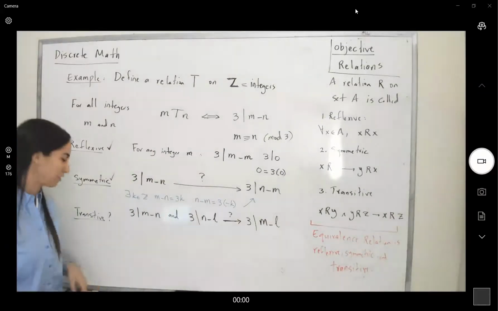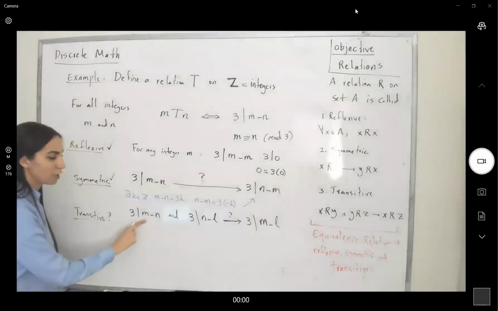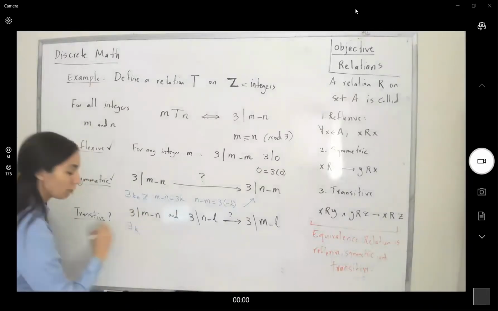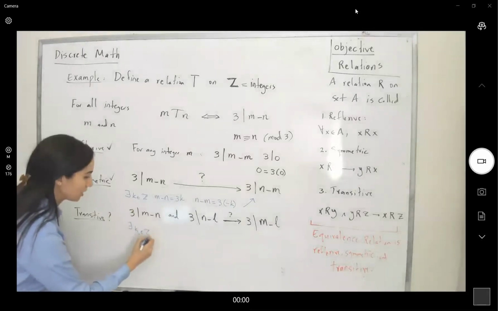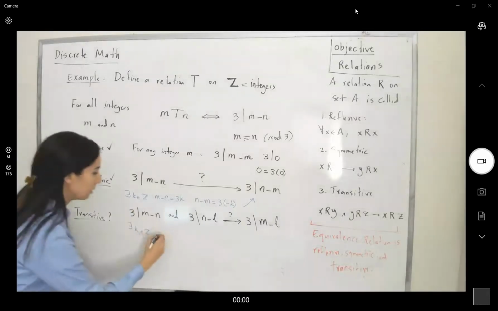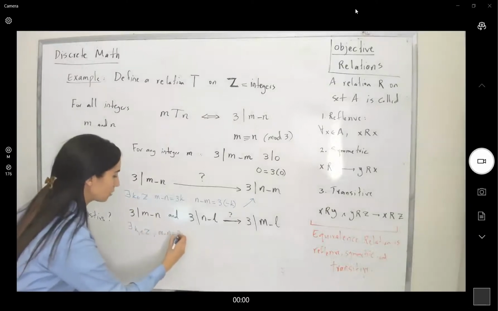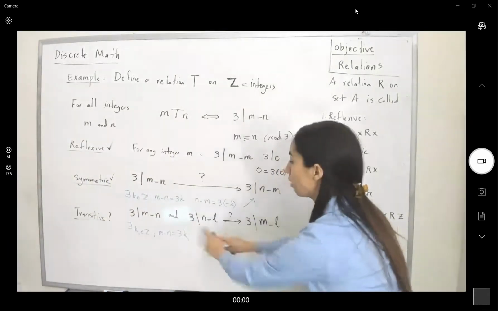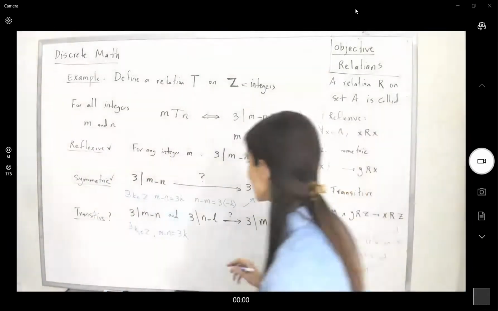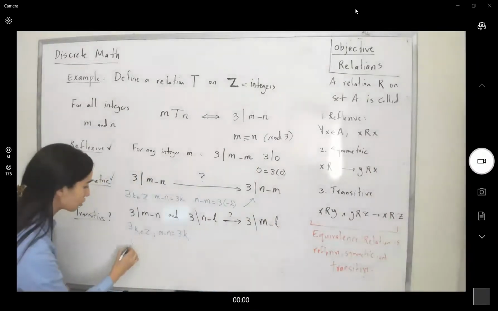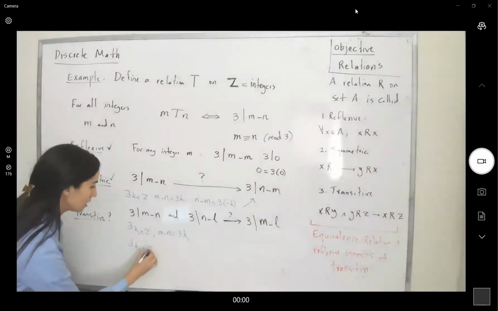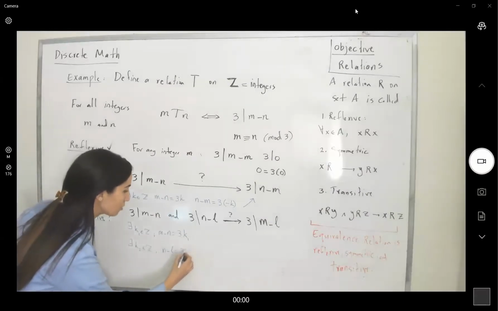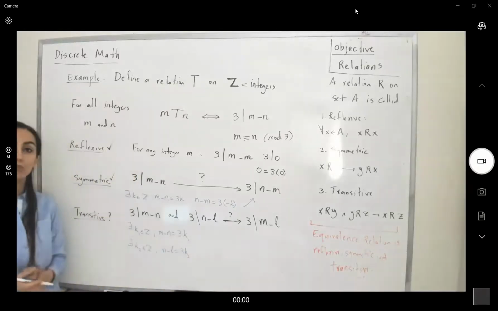Using the direct definition. 3 divides m minus n, it means that there is an integer like k sub 1 such that m minus n is equal to 3 times k sub 1. 3 divides n minus l, it means that there is another integer like k sub 2 in Z such that n minus l is equal to 3 times k sub 2.